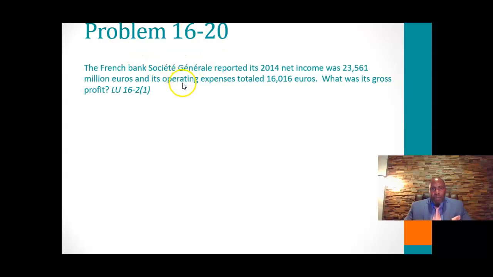They have operating expenses of 16,016 euros, and we're asked what is the gross profit. So think about gross profit. If I look at my net income plus my operating expenses, that'll give me my gross profit, because gross profit minus operating expenses gives you net income.